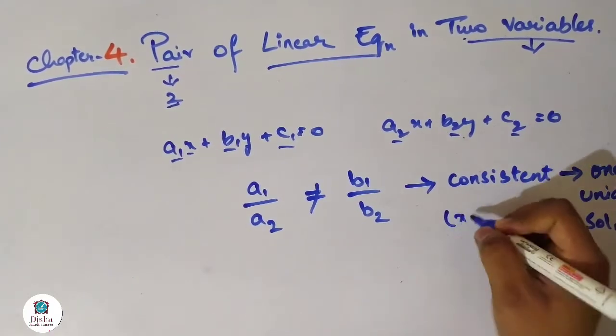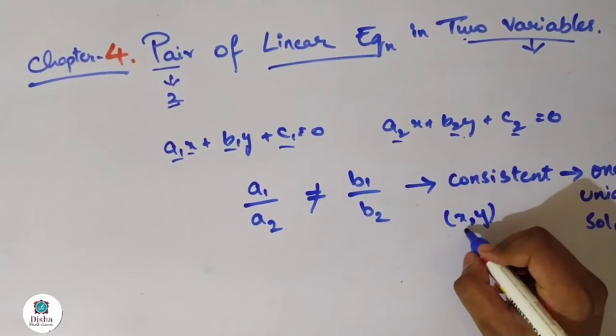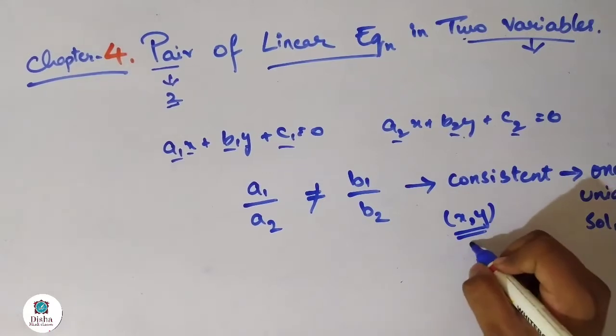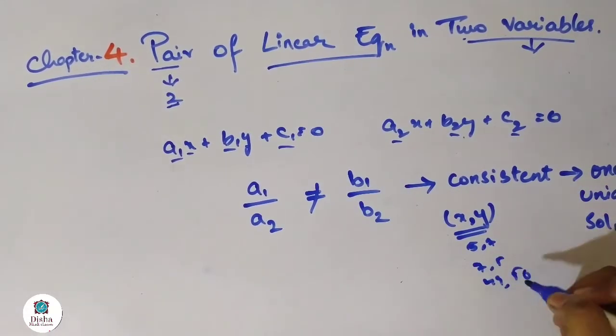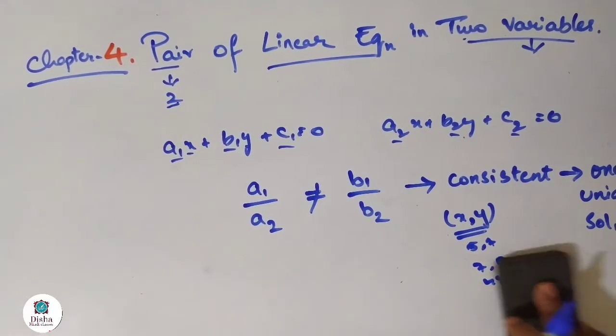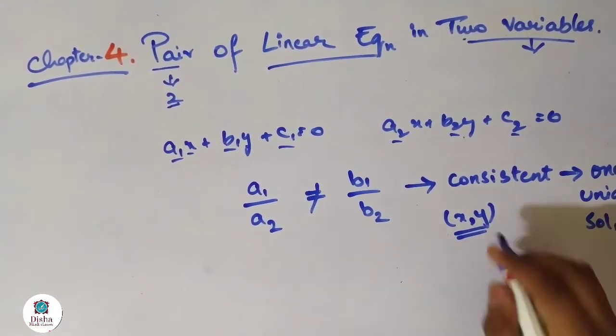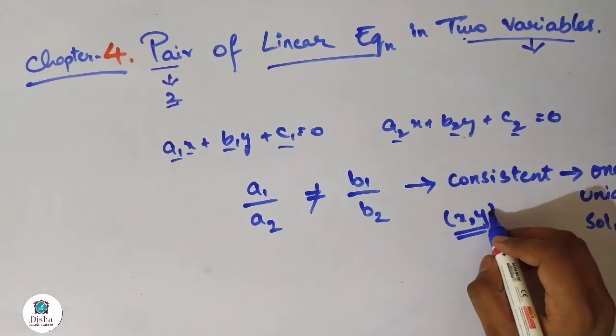It means they have only one pair of x and y, a unique number for it, like 5 or 7, something. Only one will get. We'll get only one x and one y.